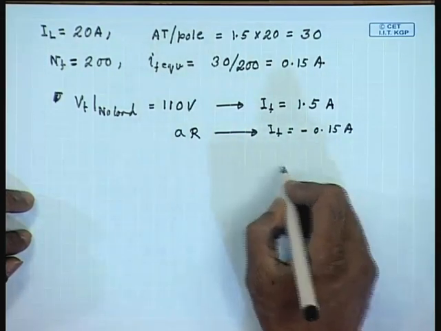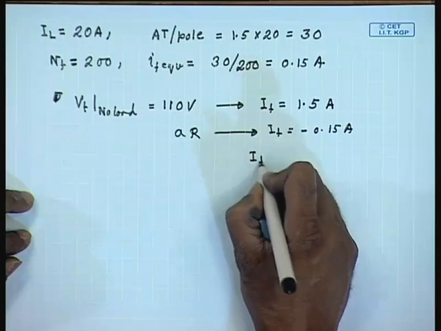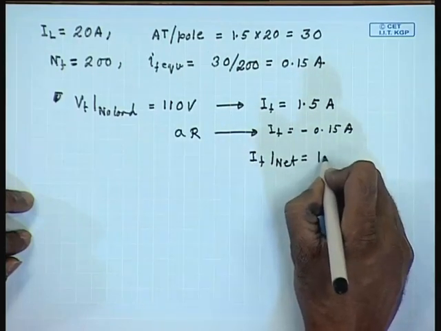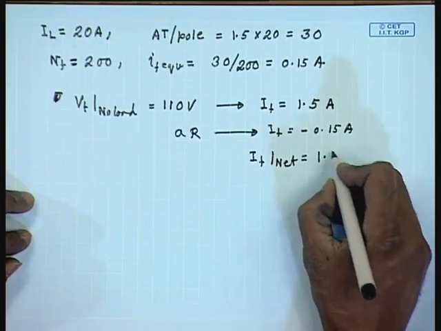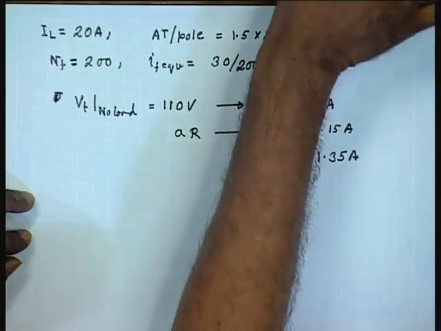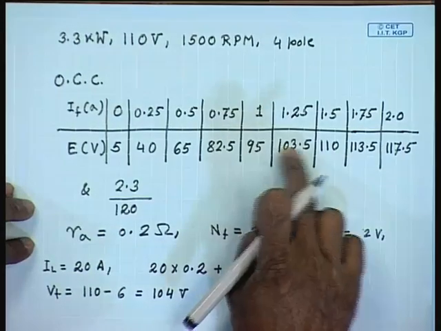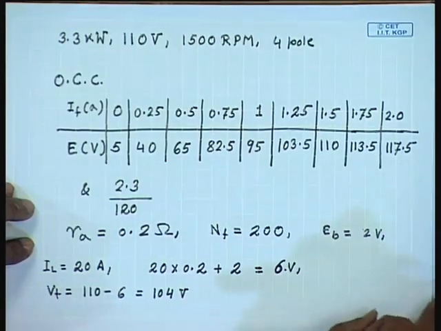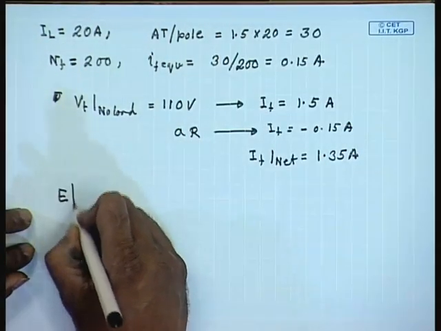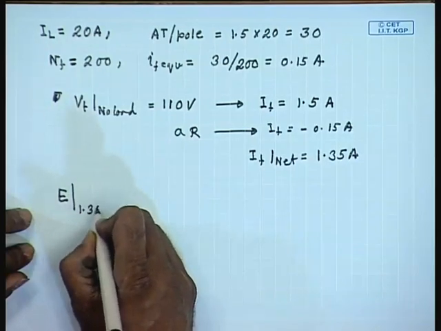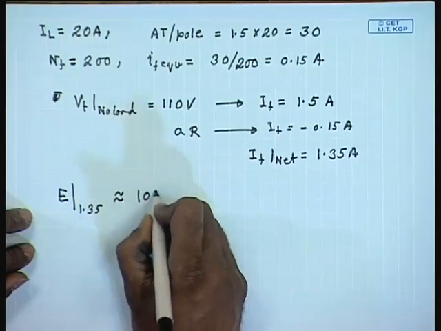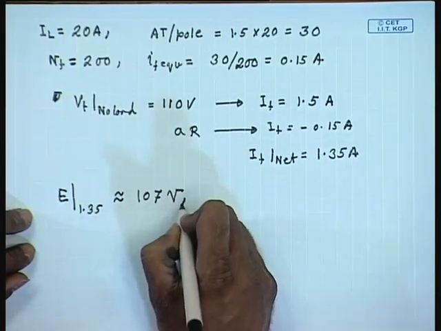So, the effective If net equal to 1.35 amperes. So, the induced voltage with 1.35 ampere of field current, from that data, is approximately 107 volts.